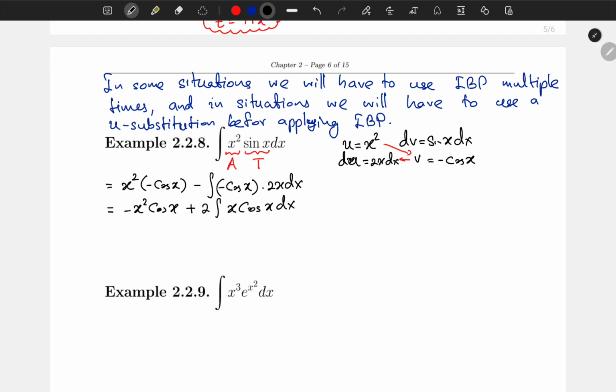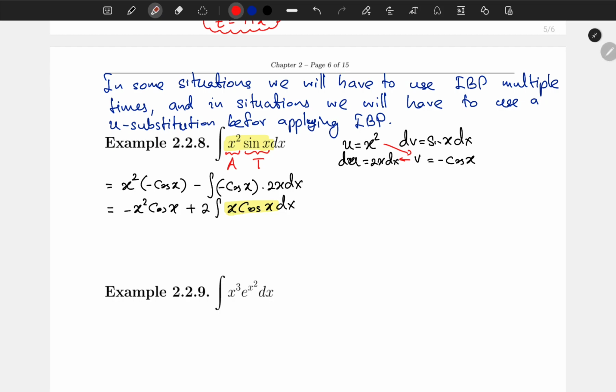Now, initially you had x squared sine x. Now, the new integral is x cosine x, which looks a little bit nicer. But to deal with x cosine x, we will have to apply integration by parts again.